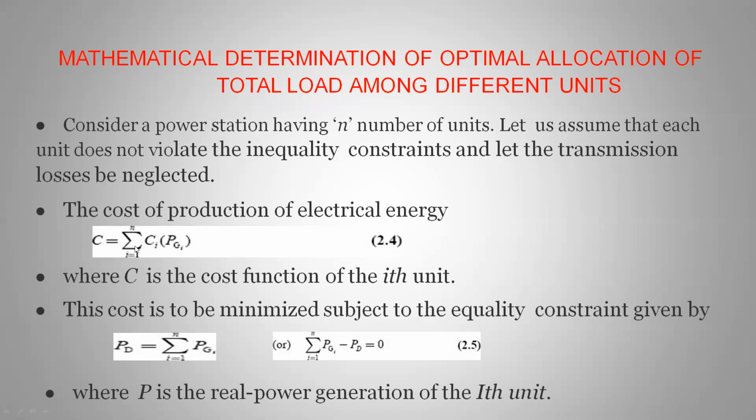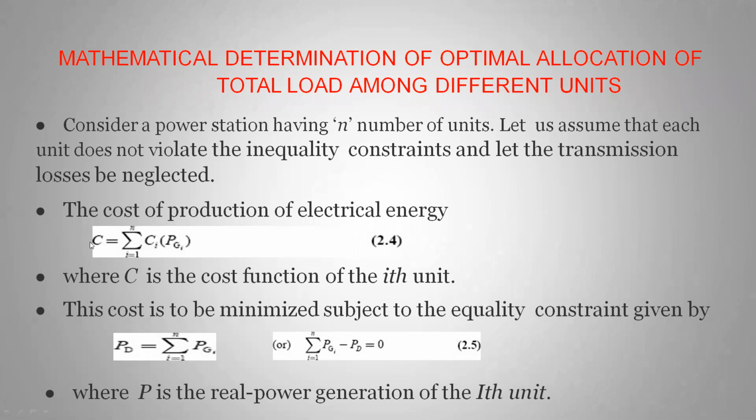This is C = Σ, i = 1 to n, Ci into PGi. i means unit, the ith unit. Okay, so C1 into PG1, C2 into PG2, C3 into PG3.